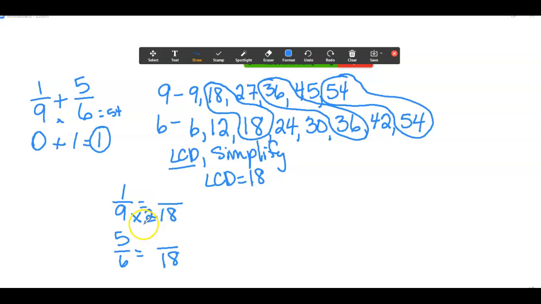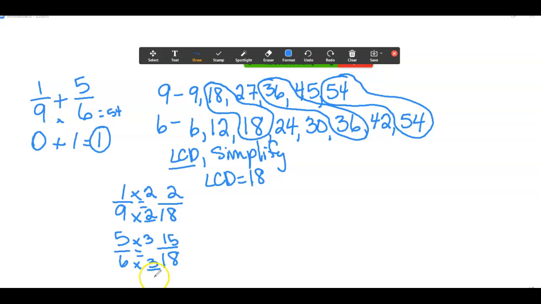Good. What I do to the bottom, I do to the top. So 1 times 2 is 2. Down here, 6 times what is 18? 3. What I do to the bottom, I do to the top. So 5 times 3 is 15.